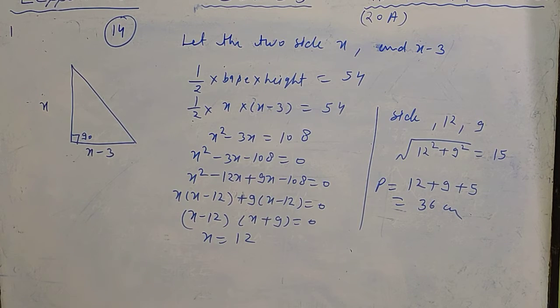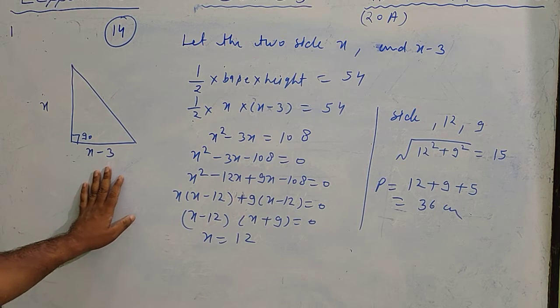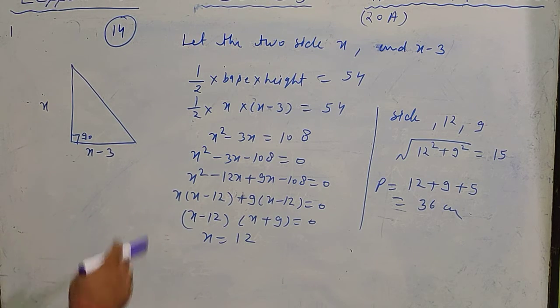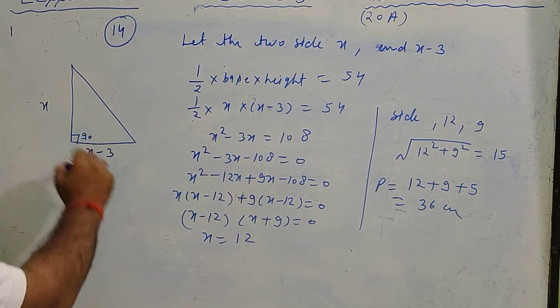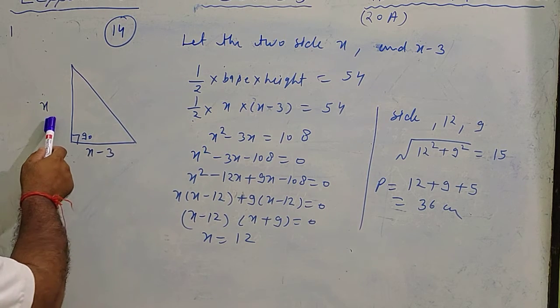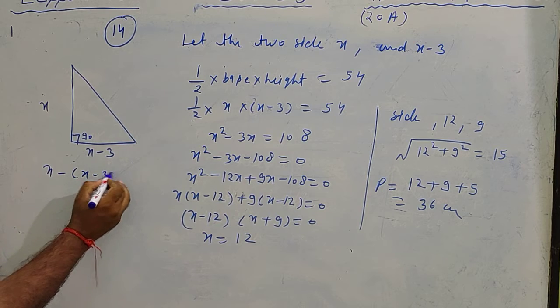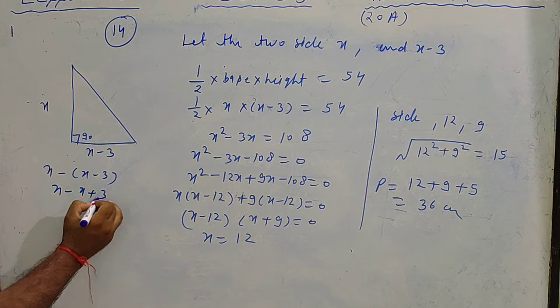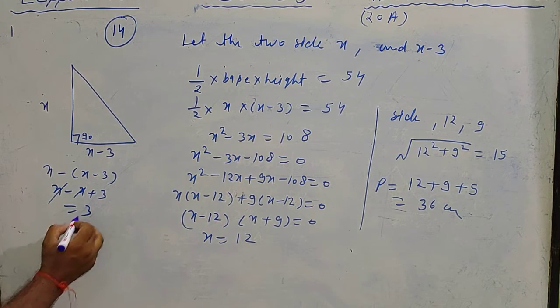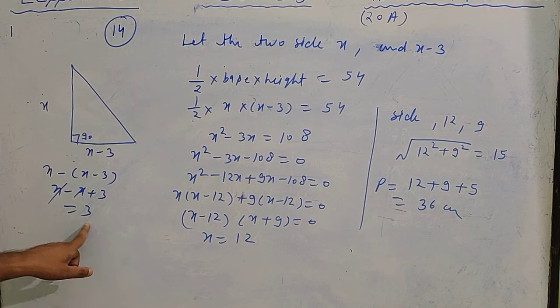Students, suppose one side is x and the second side is x minus 3, because it is given in the question that the difference between the two sides is 3. So we can take x and x minus 3.